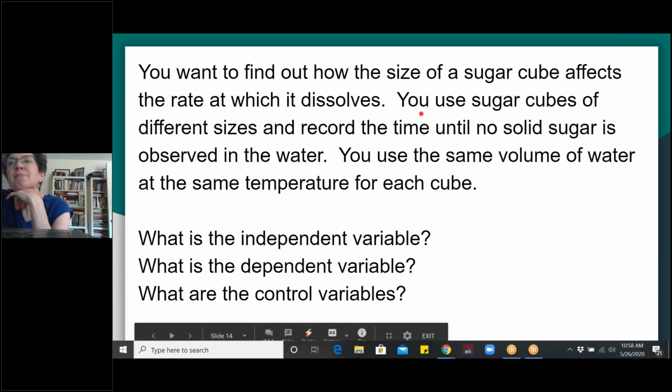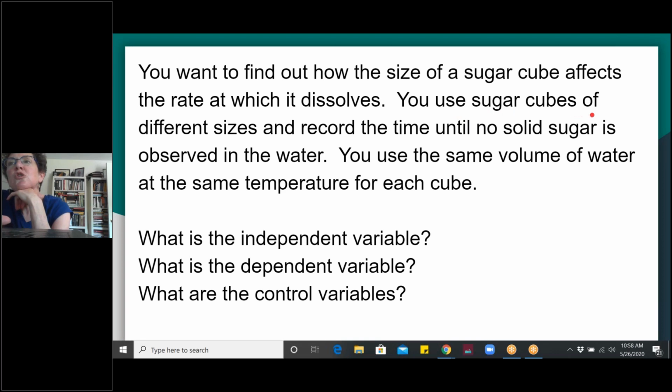We used sugar cubes of different sizes. So the independent variable is the size of the sugar cube.